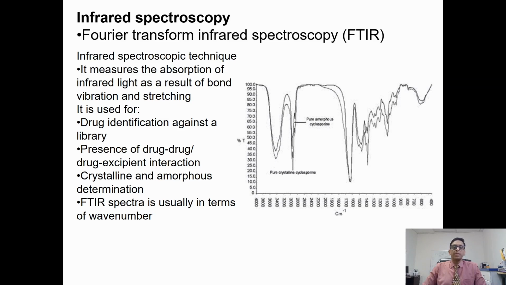FTIR spectra are usually analyzed in terms of wave numbers, and this fingerprint structure is a unique characterization for an individual molecule or component. So this is also a very important parameter to characterize the molecular structure at the fingerprint level by using FTIR study.